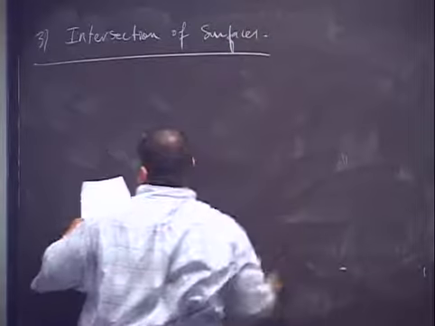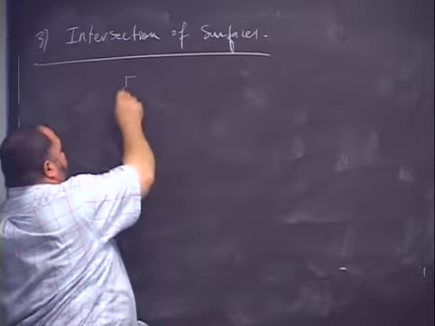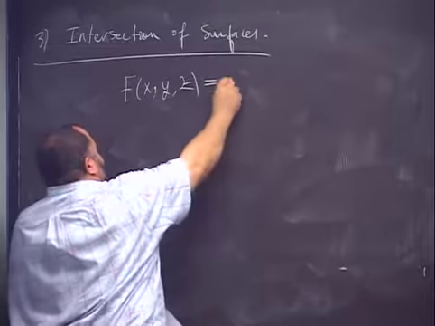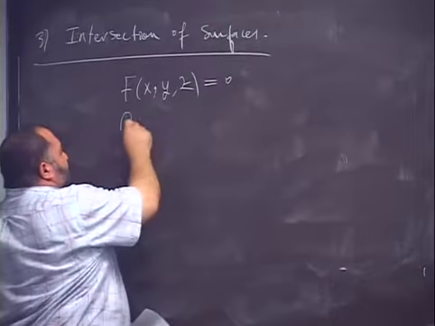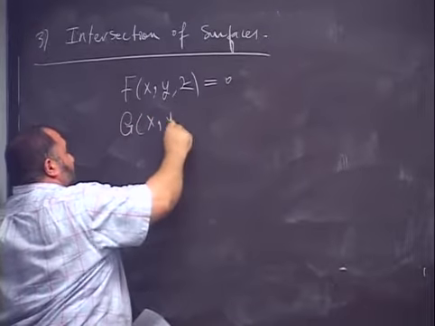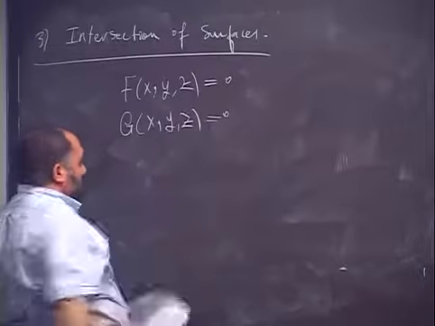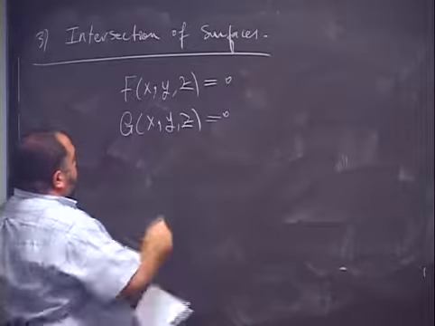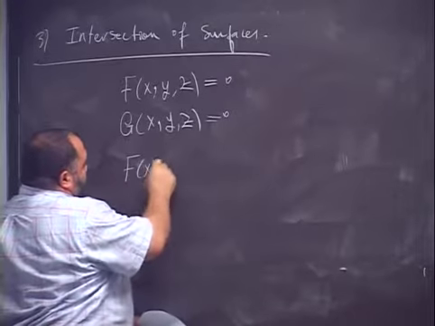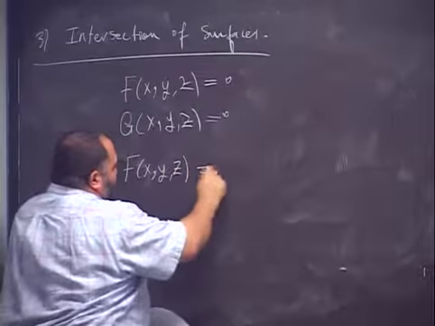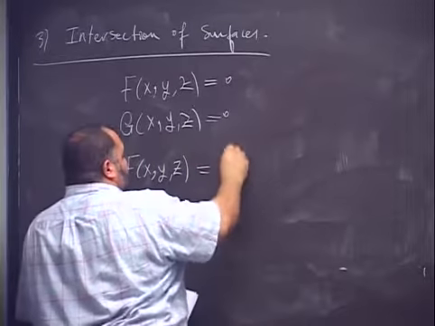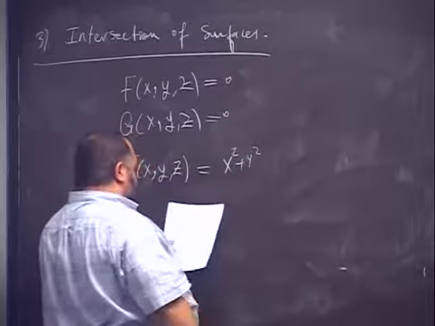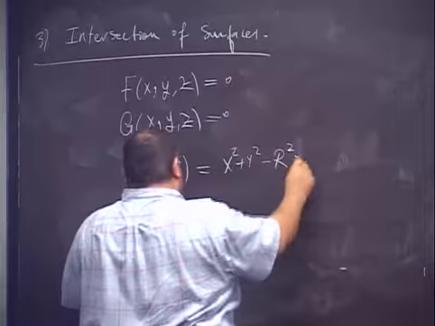If we define, let's say, two surfaces, one is f of x, y, and z equal to 0, and another surface g of x, y, and z is also equal to 0. So let's define the first surface f of x, y, and z to be x squared plus y squared minus r squared.